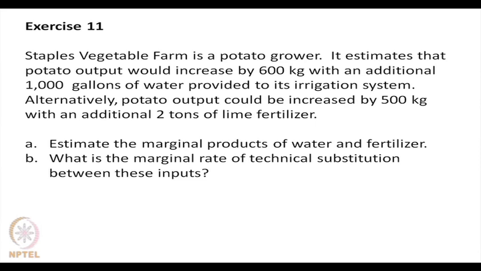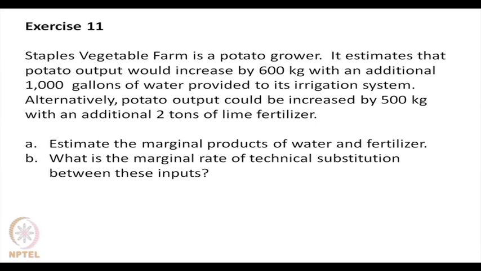So, as you can see from this exercise, 2 inputs are there and they are in a way substitutable, water and fertilizer. The problem is to estimate the marginal products of water and of fertilizer. Also to find out the marginal rate of technical substitution between these inputs.